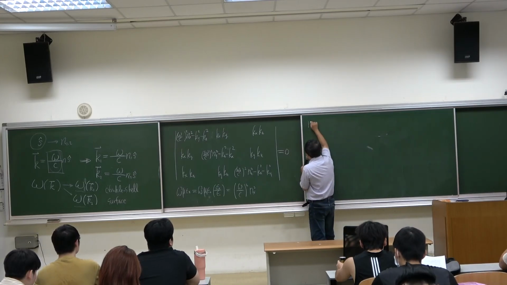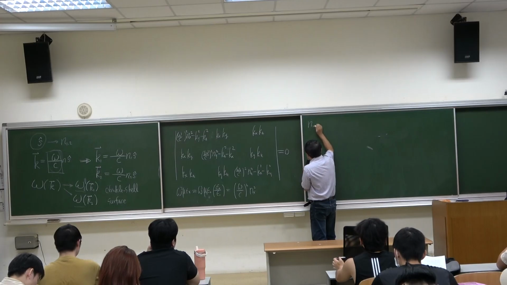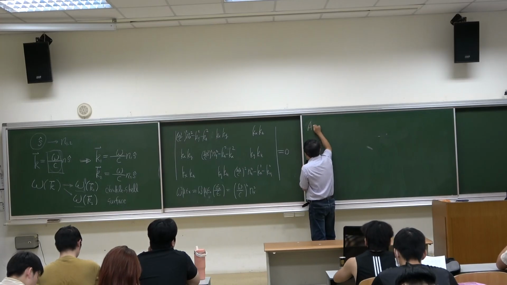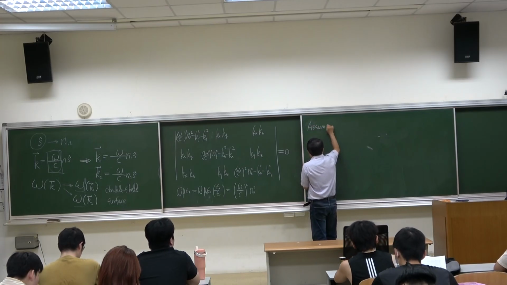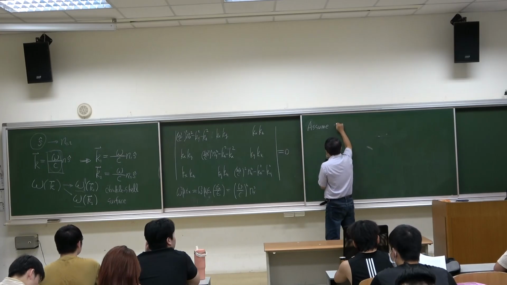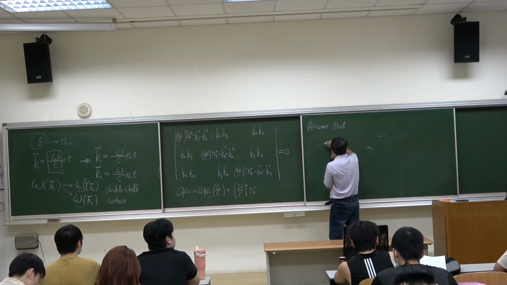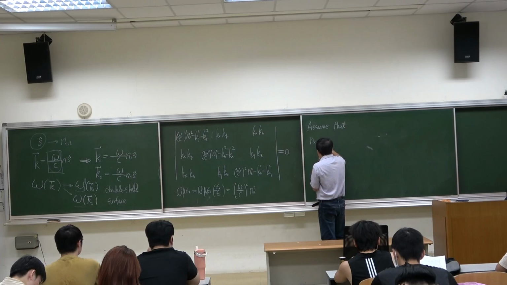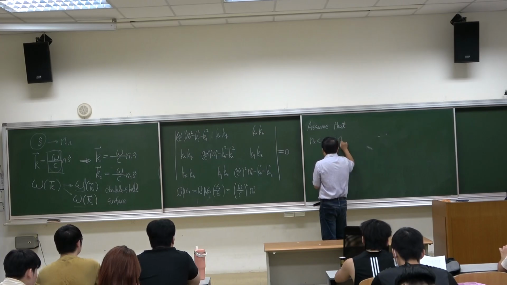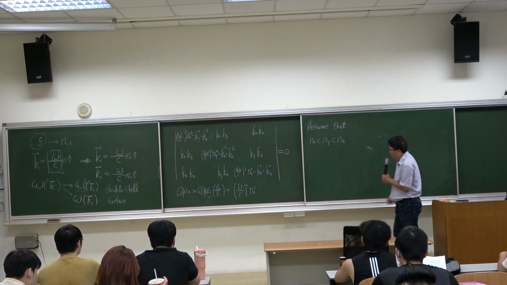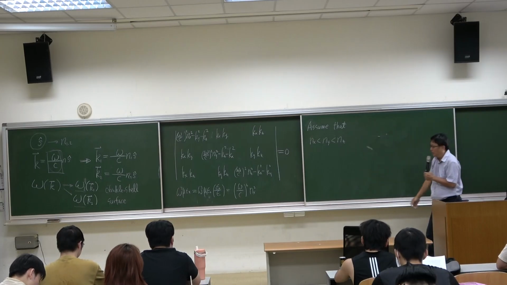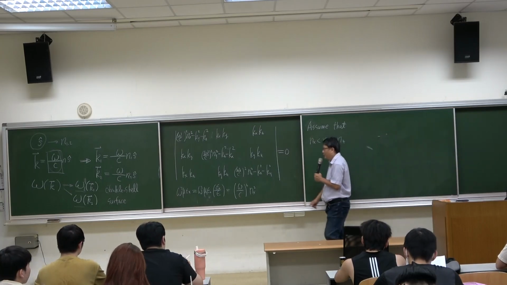Okay, hereafter we assume that nx is smaller than ny and ny is smaller than nz. Okay, we assume this order of these 3 refractive indices.